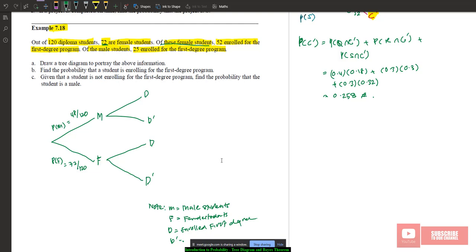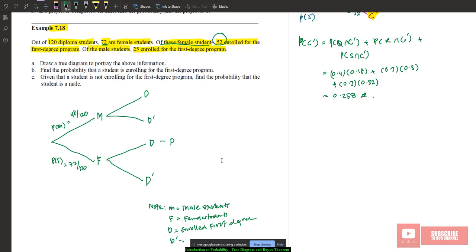You should put some notes so I can understand what is the notation that you use in the tree diagram, right?